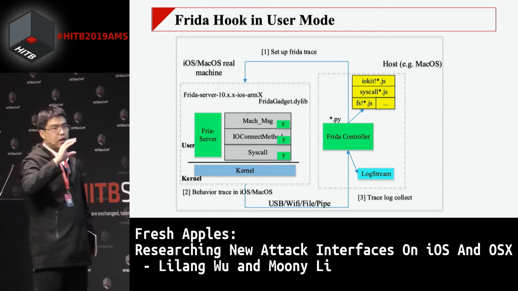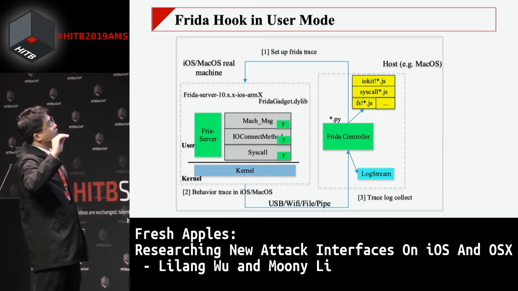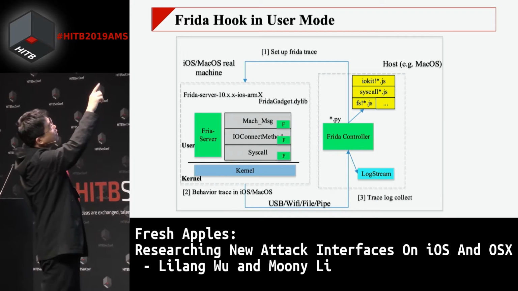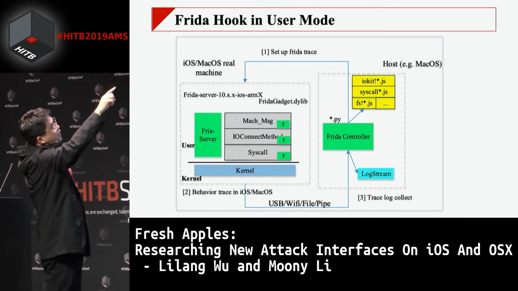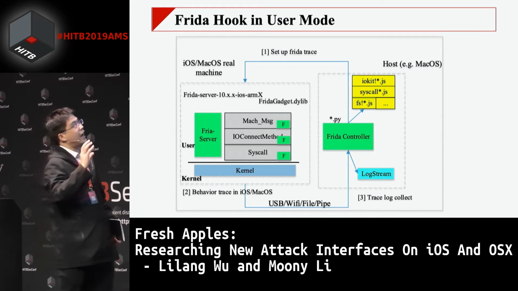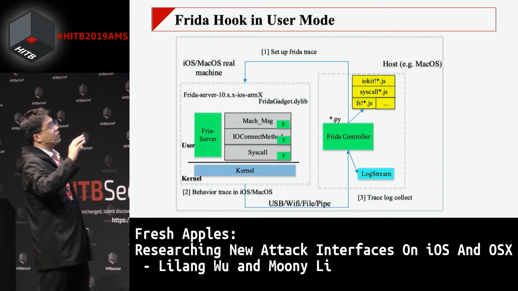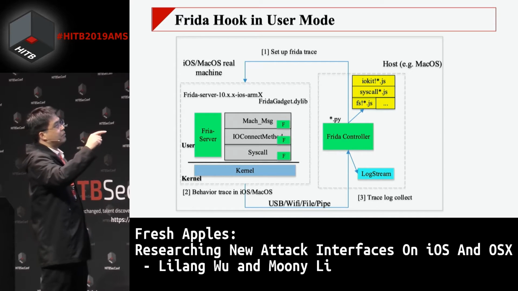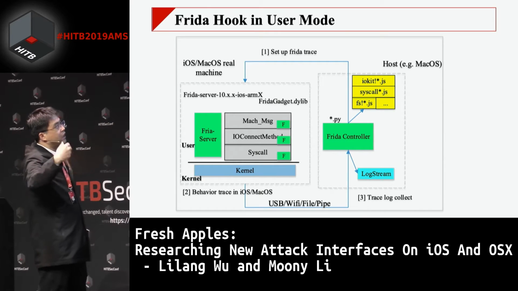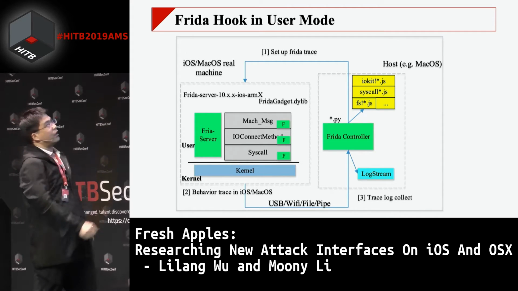So this Frida server can attach to any process you are interested in, and it will also inject the Frida server .arm.devlib into any kind of target process, so that it can hook any API or function with a JavaScript script, and these scripts can be delivered over USB or Wi-Fi or any kind of transport from the Frida controller.